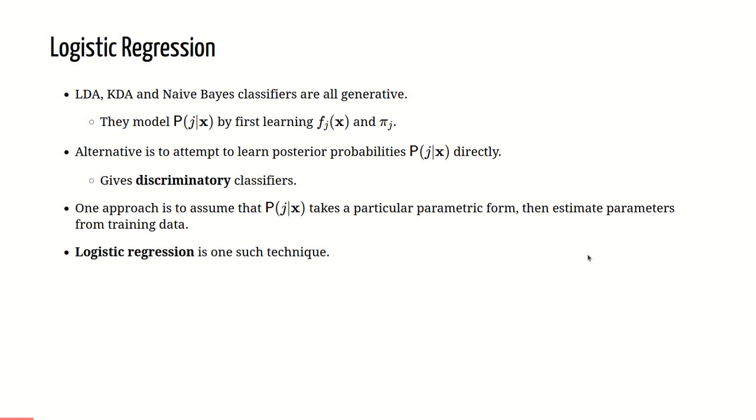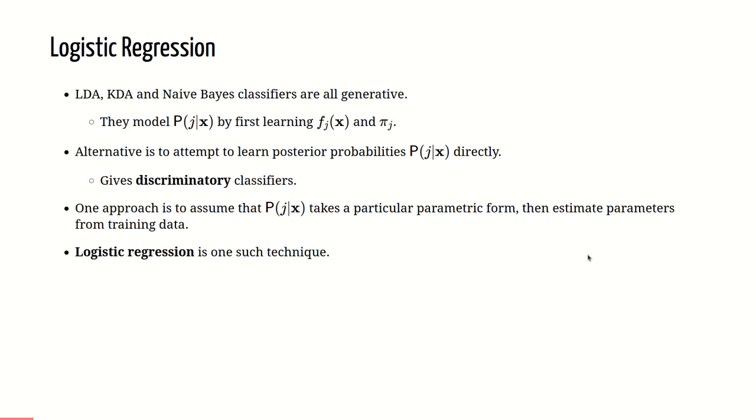The alternative to that is to attempt to learn the posterior probabilities, the probability of each class given the predictors, directly. And this is what gives us discriminative classifiers, which is a bit of an odd name because, of course, we looked at LDA, linear discriminant analysis, and KDA, kernel discriminant analysis, and those are actually generative, not discriminative.